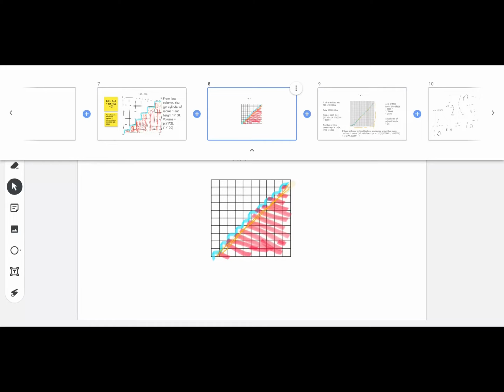Can we see it easily without using that 1 plus 2 plus 3 till n formula? Yes, sir. So do we need to use the sum of the first consecutive n numbers to get the area of the triangle? Yes, sir, because we have to find the volume of the cone, sir, in the same way.